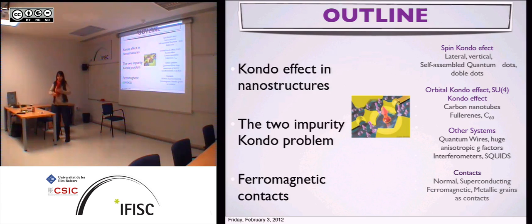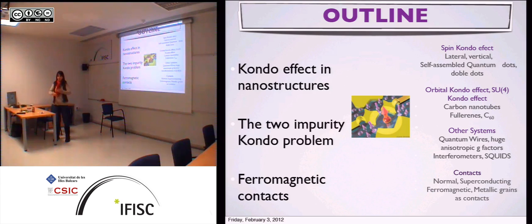Okay, and this is the so-called bonding and anti-bonding Kondo states. It's the usual physics of molecular physics. So you have two sides, and then you can hybridize the two states of the two sides. And this is what I said.